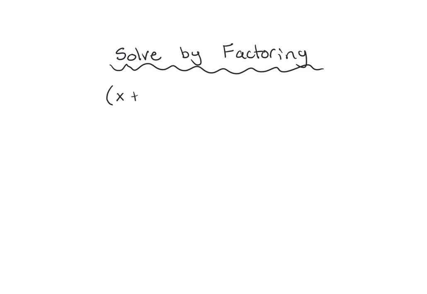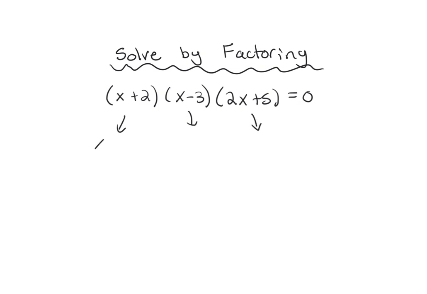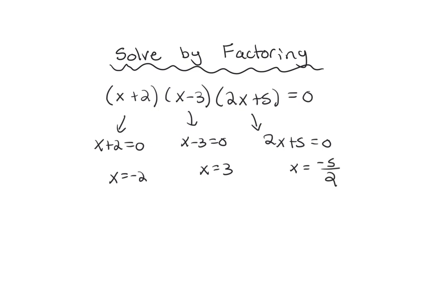So in factored form, x plus 2, x minus 3, 2x plus 5. If that's equal to 0, then you set each binomial equal to 0. x plus 2 equals 0, x minus 3 equals 0, 2x plus 5 equals 0, so x equals negative 2, x equals 3, x equals negative 5 halves.